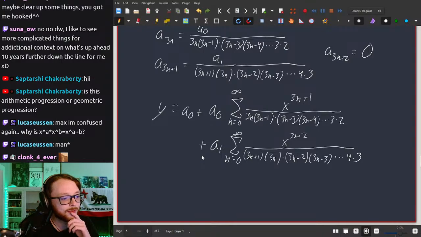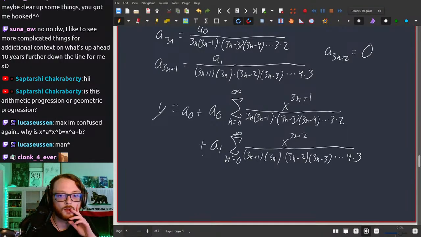Confused again. Why is x to the a times x to the b, x to the a plus b? Why is that true? If we have 2 cubed times 2 to the 4th.